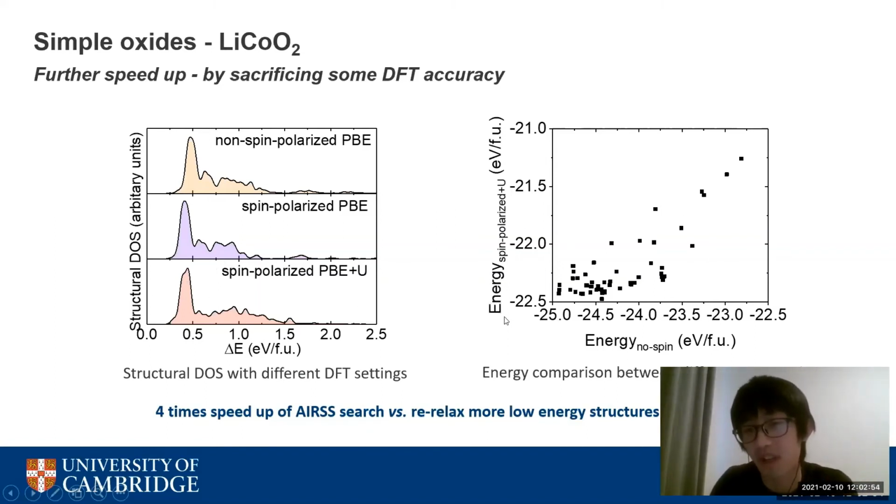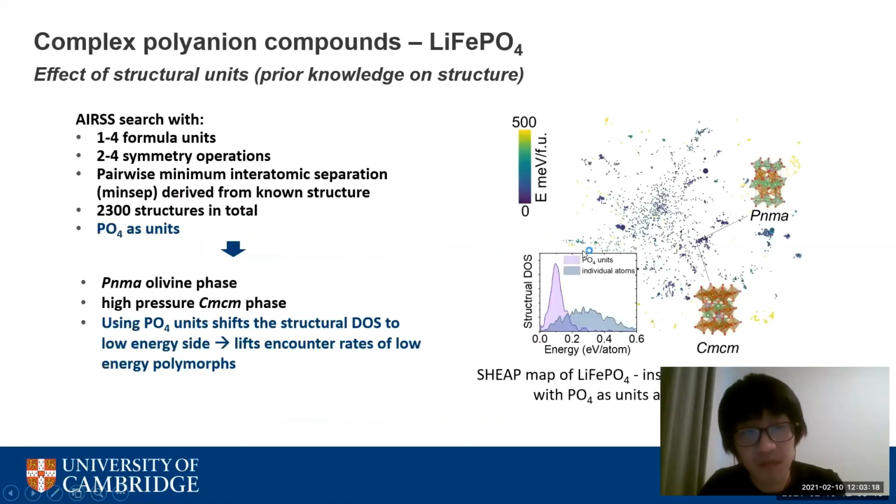Here I plot the energy versus energy plot of these calculations. You can see that the linearity is good, but there are some deviations. From these deviations, we can get that we probably need to recalculate the low energy structures within the energy threshold of 150 millielectron volts per atom.